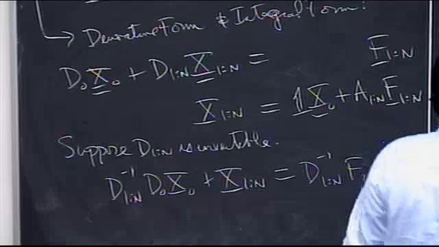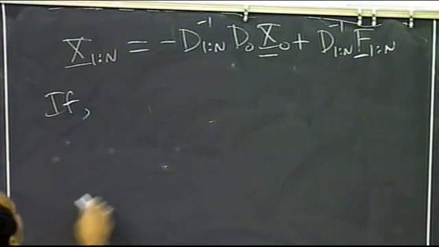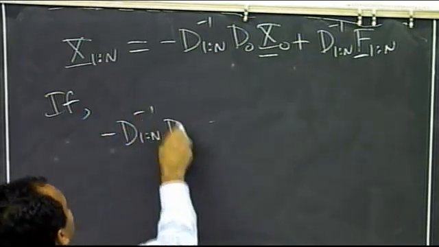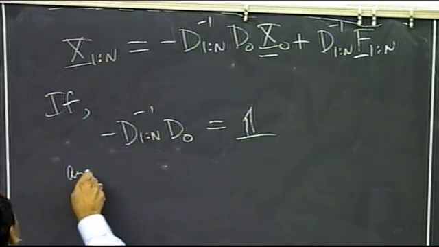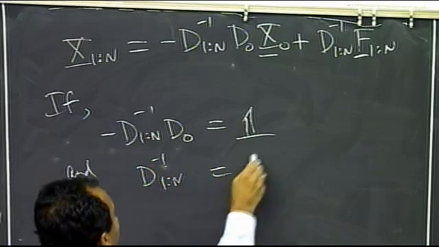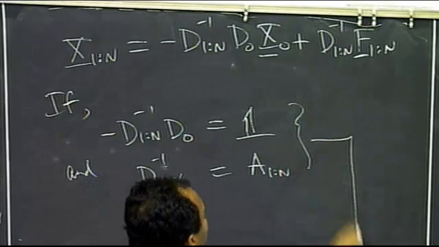So if the following were true, if minus D 1 colon n inverse times D0 were equal to a column vector of 1s, and D inverse of 1 colon n was equal to A of 1 colon n, what would be the result?